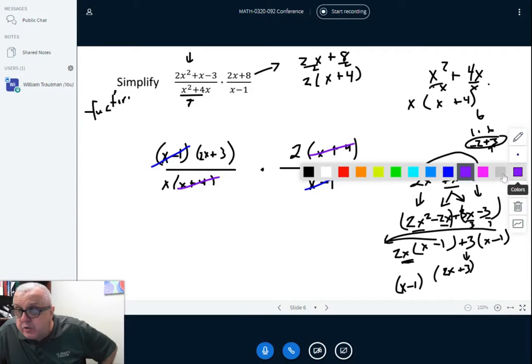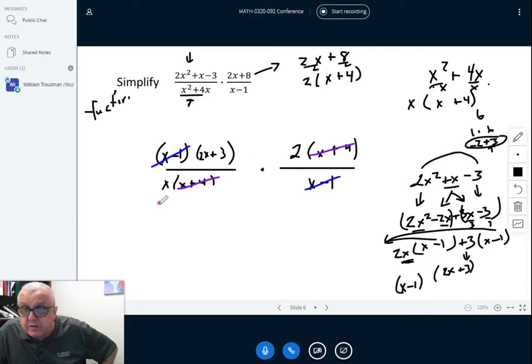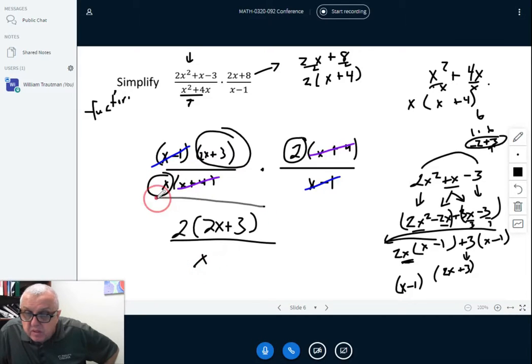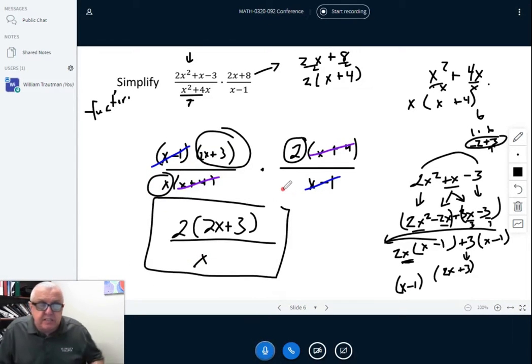Once everything that you can cancel cancels out on the top and bottom, your answer is everything that's left. There's a number 2, and there's a 2x plus 3 on top. On the bottom, all we have is x. So there's the simplified version of what we just did.